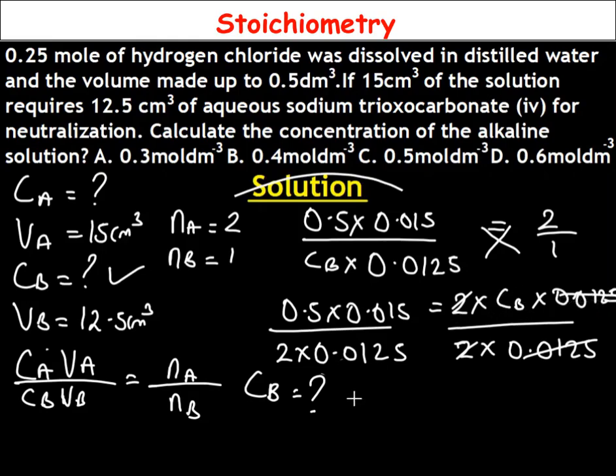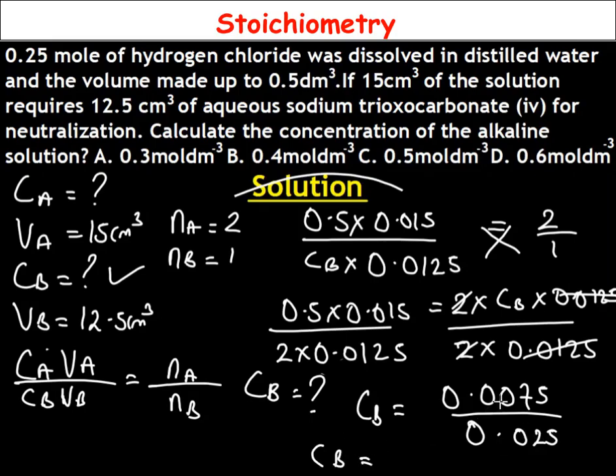You are left with Cb. So Cb is then equal to 0.5 times 0.015 which is 0.0075, over 2 times 0.0125 which is 0.025. So Cb is then equal to, if you divide 0.0075 over 0.025, you get 0.3.